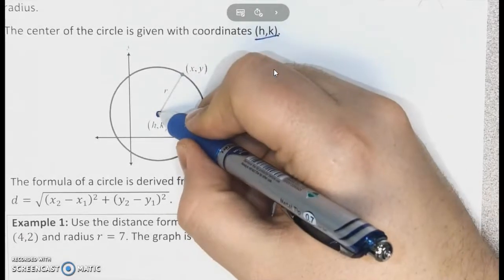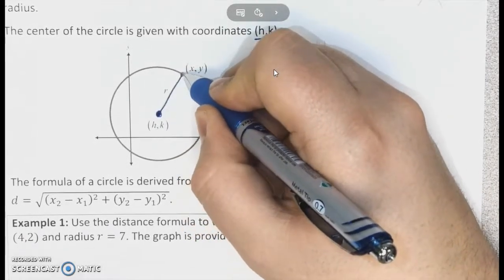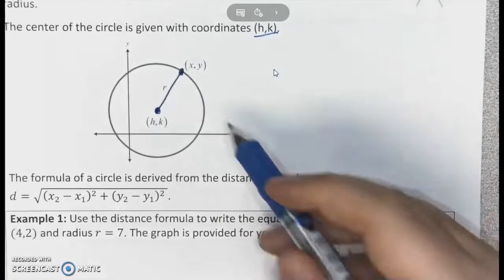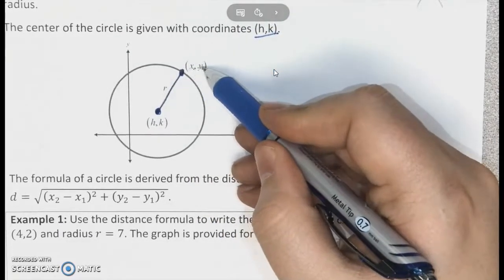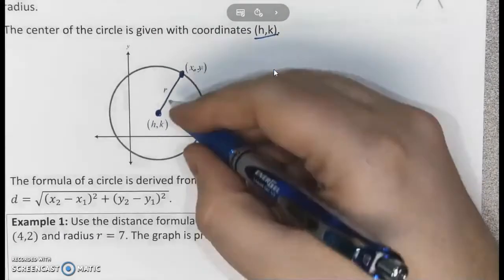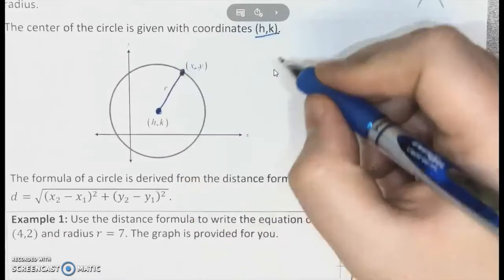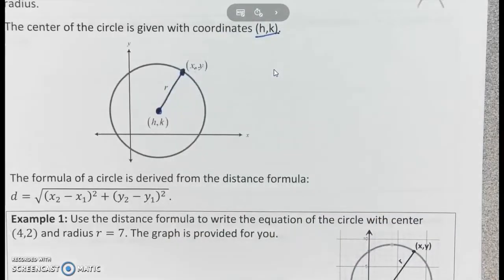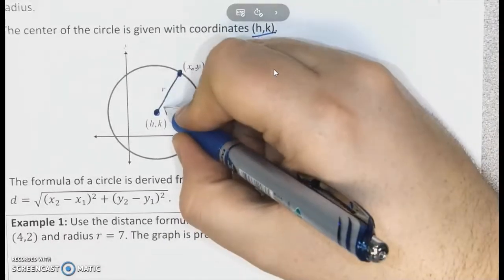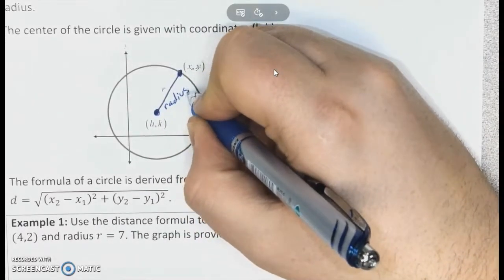This line from this point on the circle to another point on the circle, which here we're going to call the point x comma y, the distance here is called r, or the radius. So this line represents the radius.